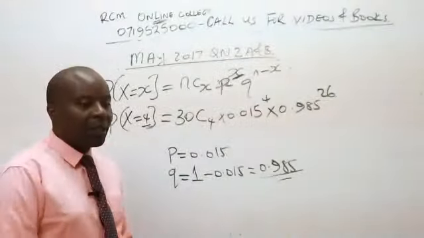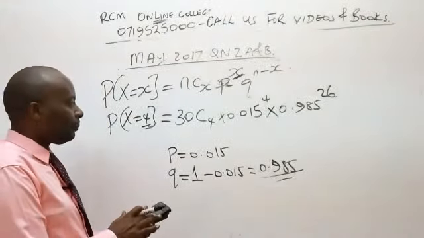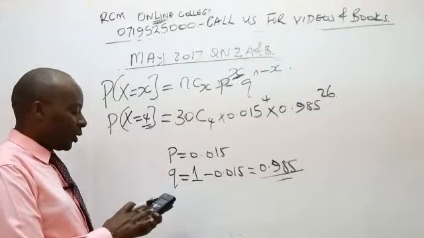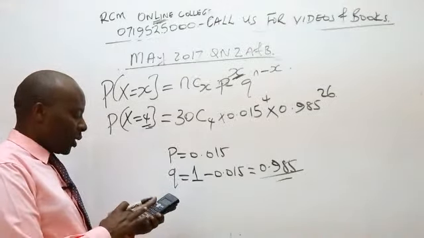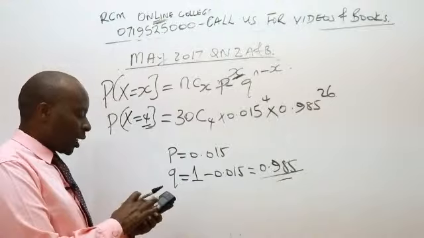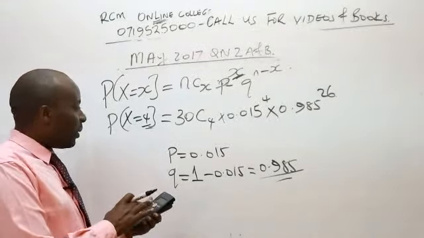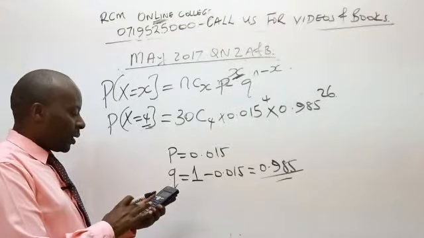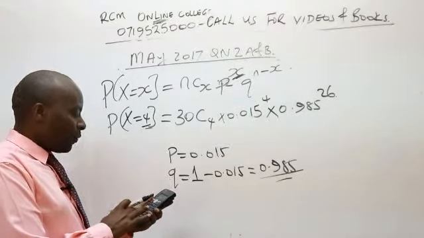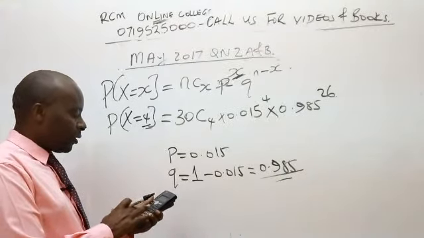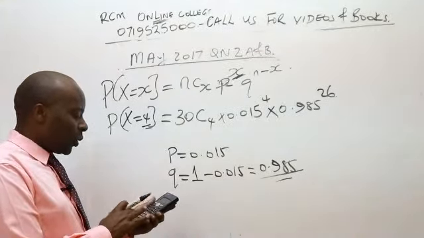So straight away, we have 30 combinations 4, times 0.015 raised to power 4, times 0.985 raised to power 26.